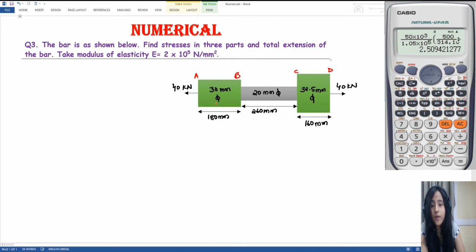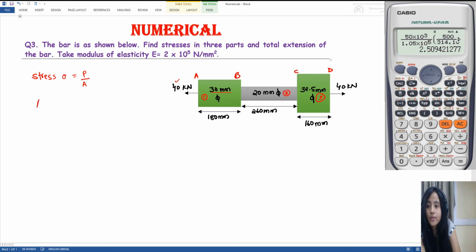We need to find the stresses induced in these three parts, part number 1, 2 and 3. What is the formula for stress? Stress sigma is equal to force by area, right? The force is given here, but the areas we need to find from the diameter.